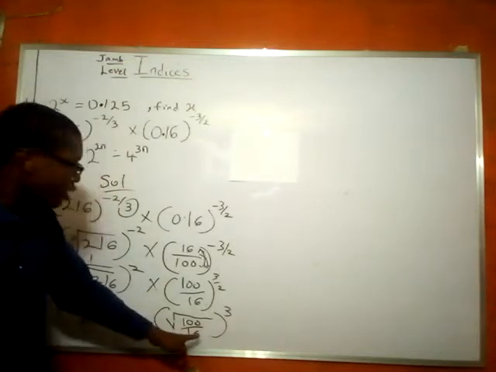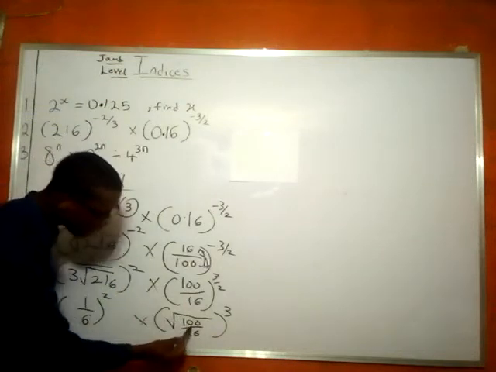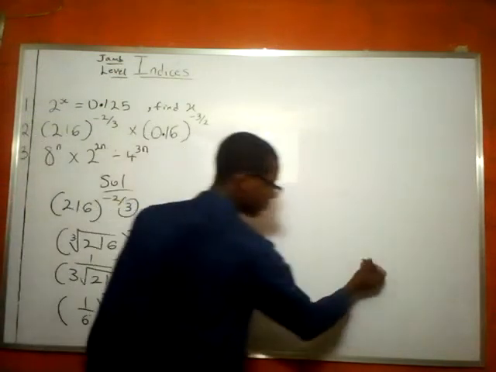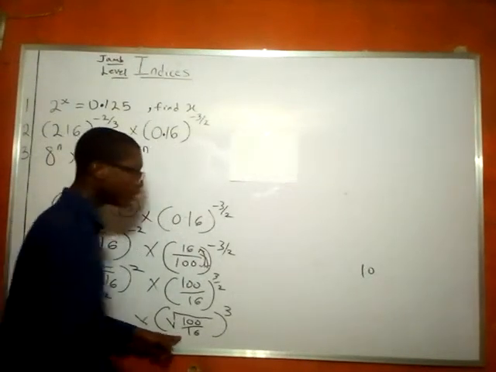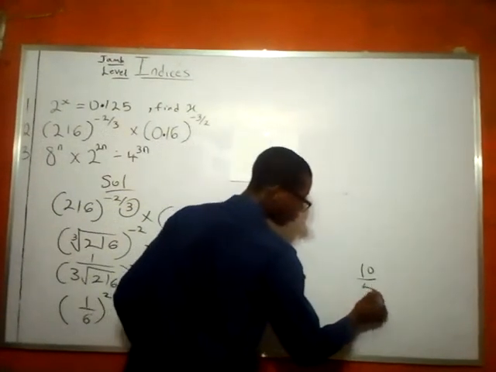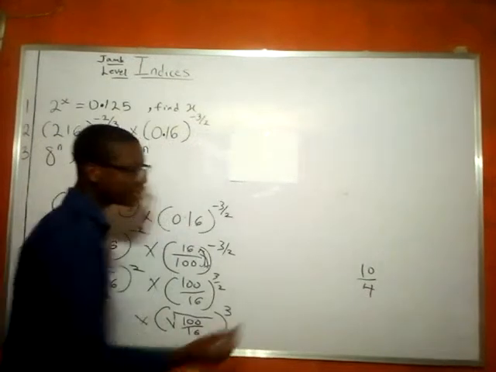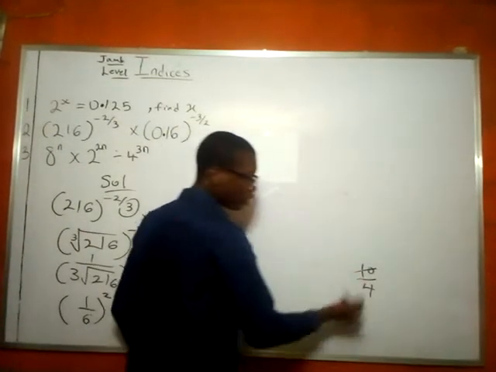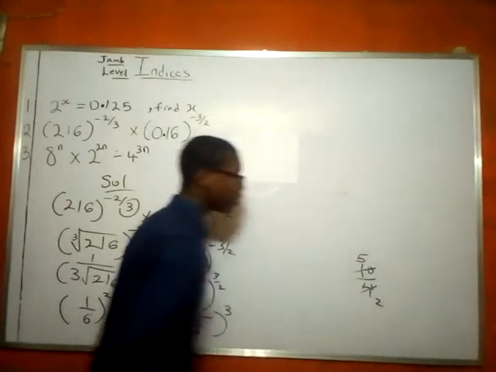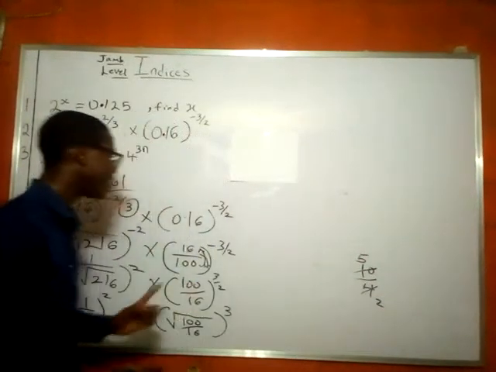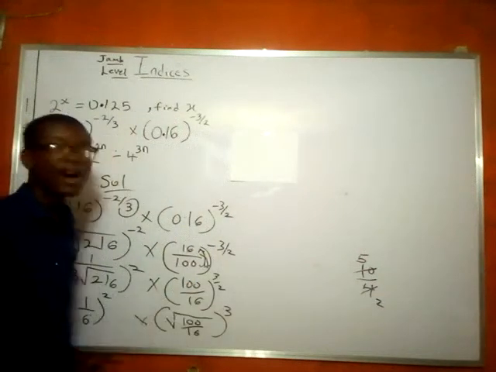So for this, square root of 100 will give us 10, and square root of 16 will give us 4. And they can divide. 2 here will give us 5, 2 here will give us 2. We'll be left with 5 all over 2 raised to power 3.